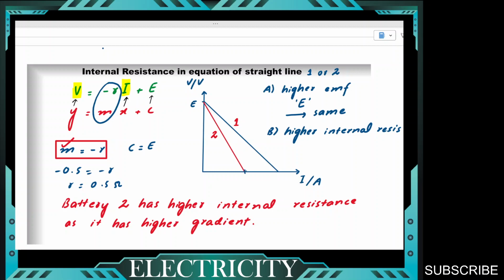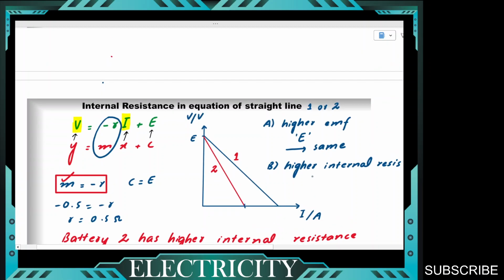and then you can rearrange it for I, because on the x-axis you have current. If I rearrange it, v equals to minus r times I plus E. Okay, this is the standard equation, but I'm going to insert the value of v to be 0, because only then you can get x-intercept.